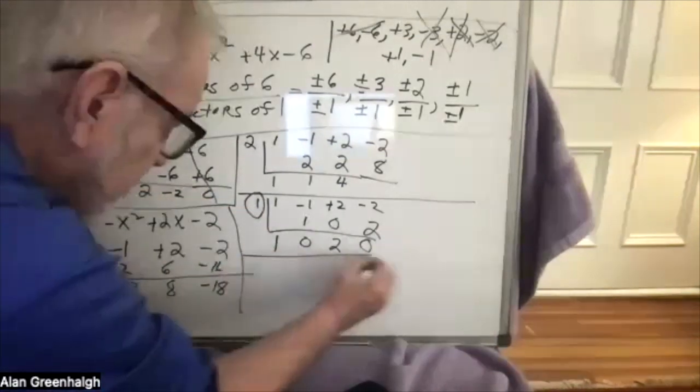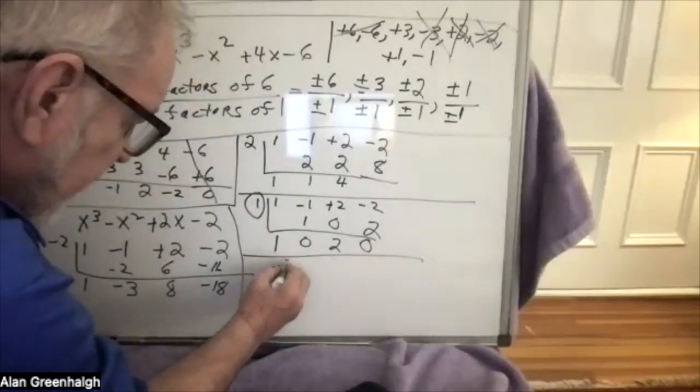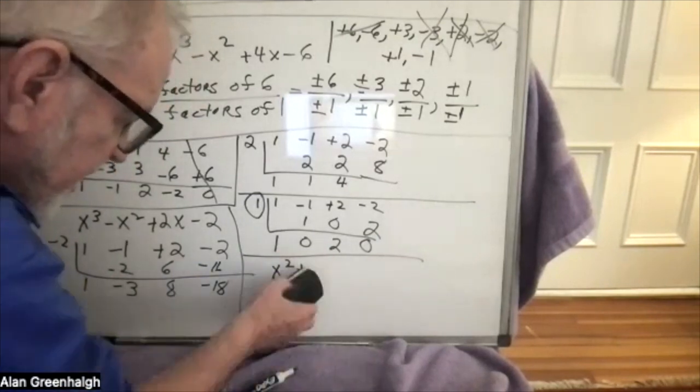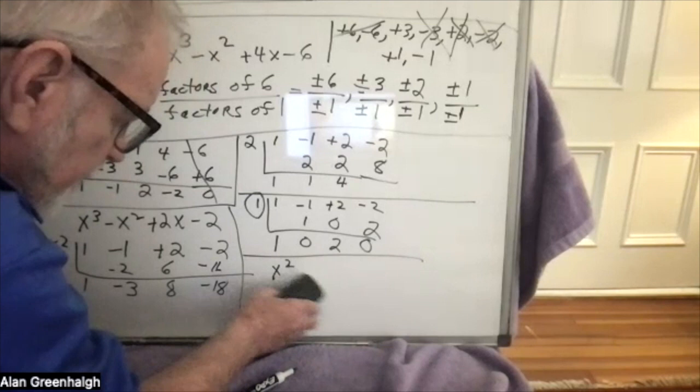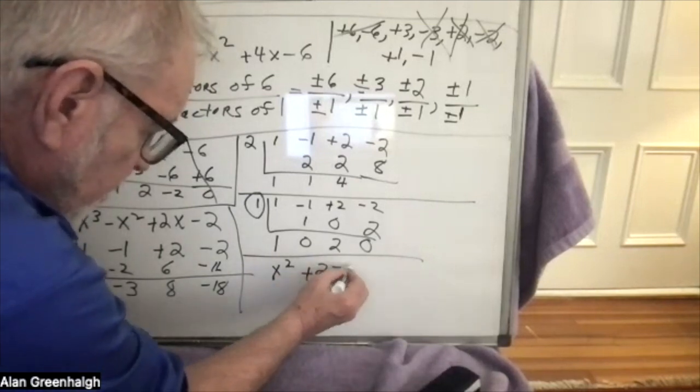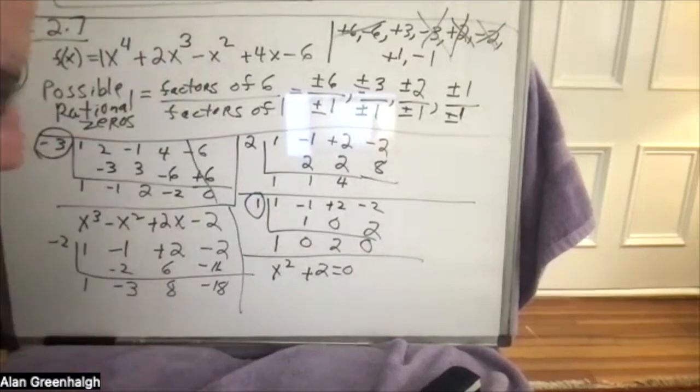Now we're down to x squared plus 2 equals 0. We don't have to put the 0x; I'm not putting it. This can't be factored, so we know the other 2 zeros are not going to be rational zeros.